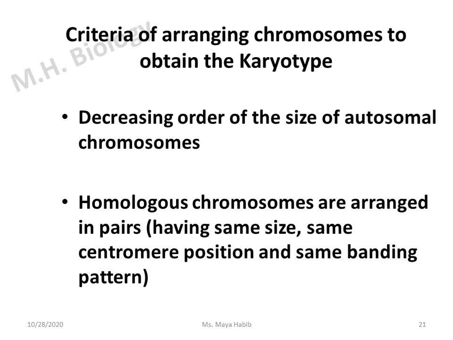And the criteria of arranging chromosomes to obtain the karyotype is as follows. Decreasing order of the size of autosomal chromosomes. Homologous chromosomes are arranged in pairs, such that these chromosome pairs have the same size, the same centromere position and the same banding pattern.